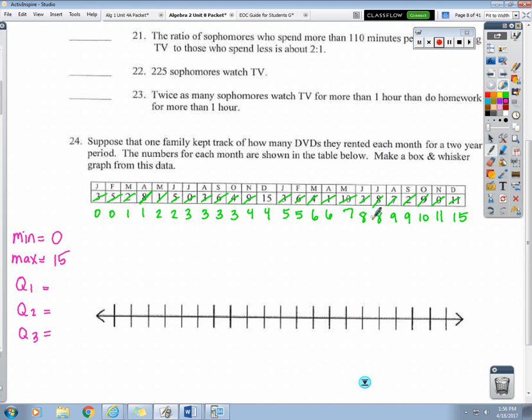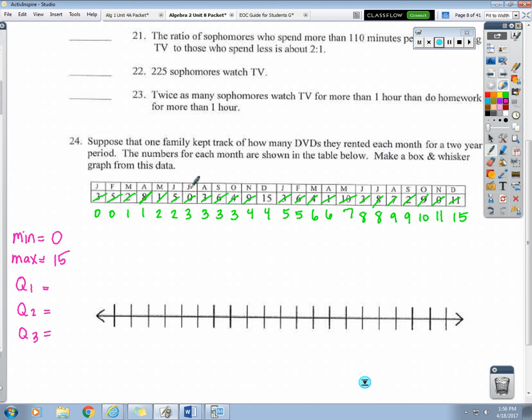Okay, the first one you have to find is the median of all the data, which is your Q2. How do you find the median of all the data? The middle. The median of all the data, right, it's already in order, so we just look for the middle, right? But with a 2-year period, how many months is that? So is there going to be an exact middle?